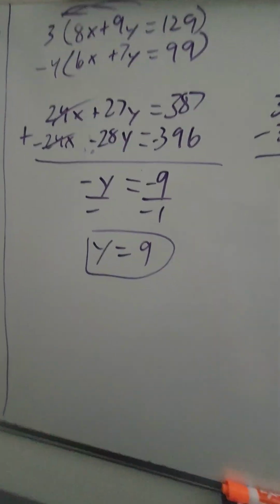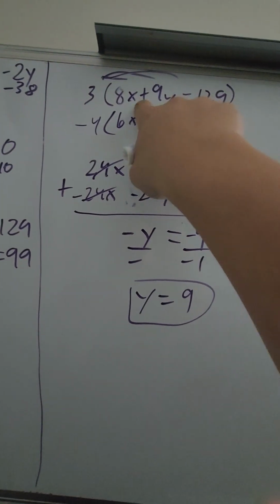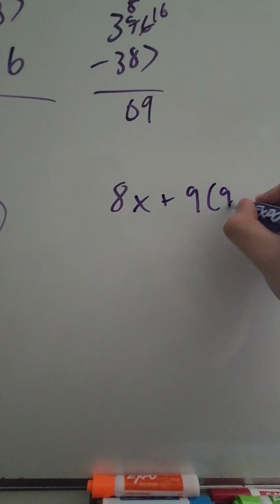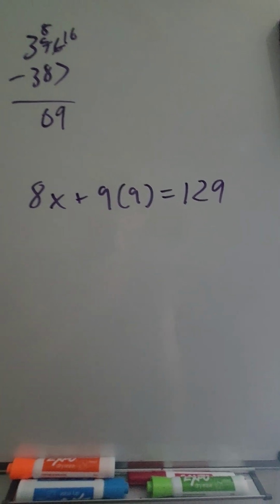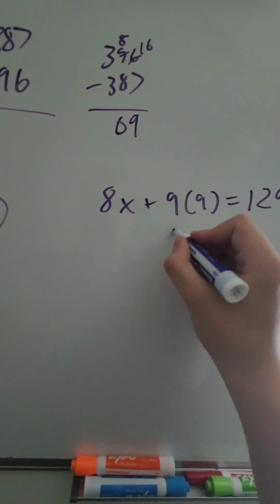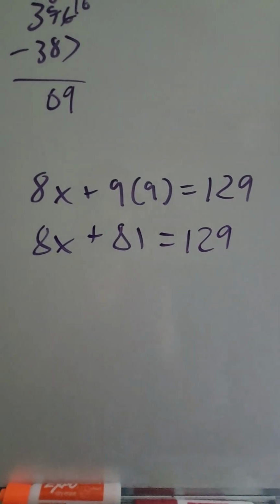We can take whichever equation we want. We're just going to do this one, why not? That'll be 8x plus 9 times 9 is equal to 129. So then we can just do 81 plus 8x equal to 129.